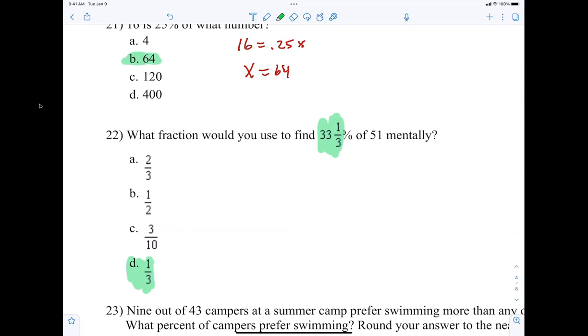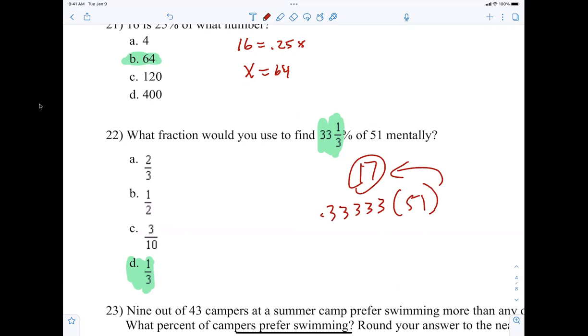Anytime you see 33 and 1/3%, it's the same as the fraction 1/3. A third of 51 is 17. Right? And if I did 0.3333, which is what 33 and 1/3% is, and multiplied that by 51, it would tell me it's 17.